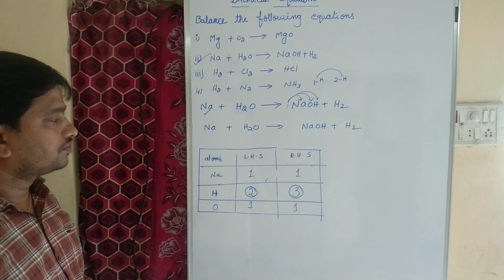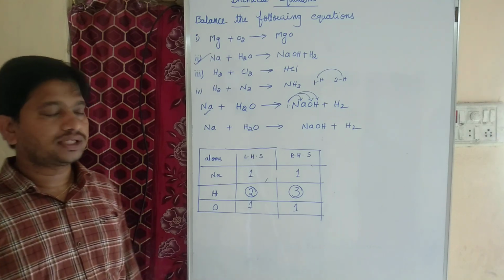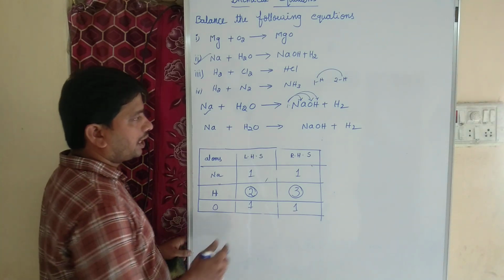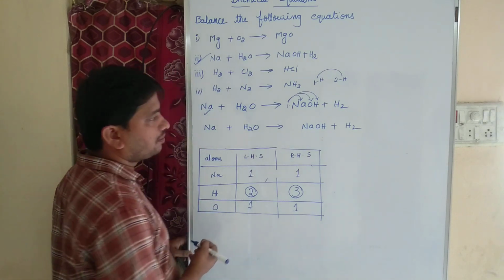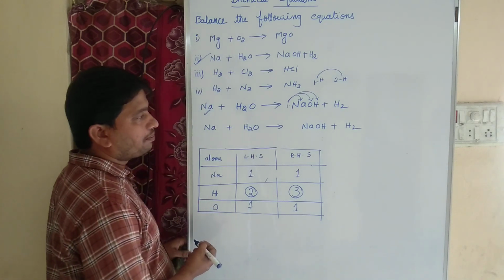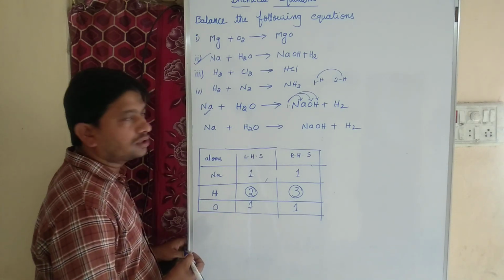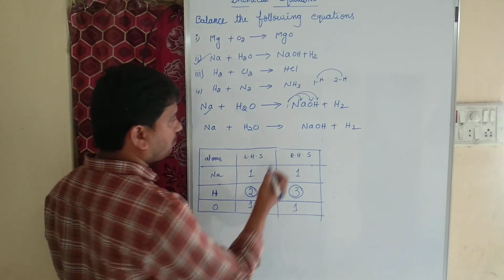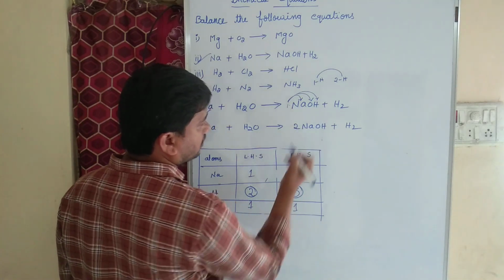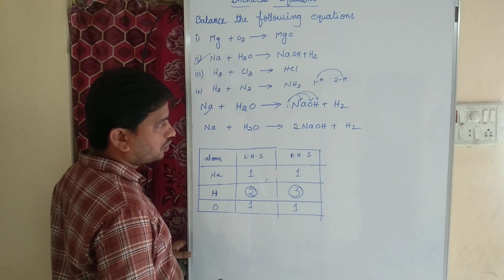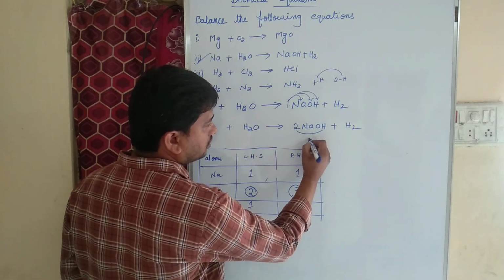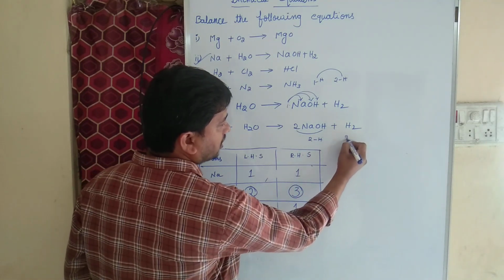Okay. Now the hydrogen atoms are imbalanced. To get balanced, let me place, for example, 2 over here, so here 2 hydrogens as well as here 2 hydrogens.